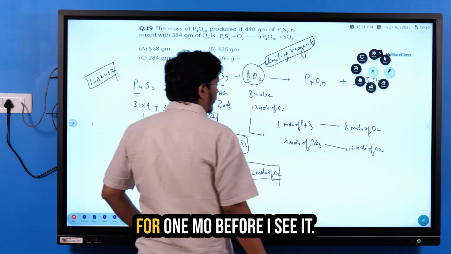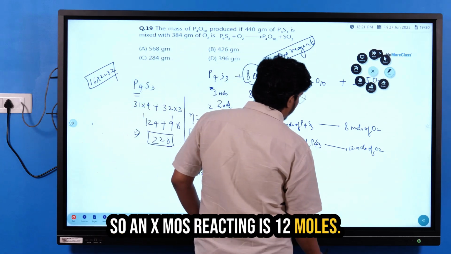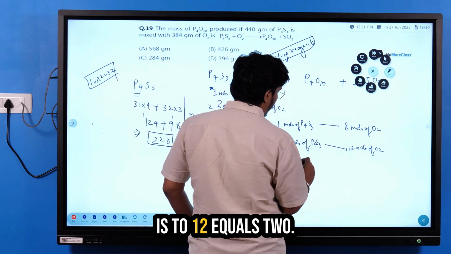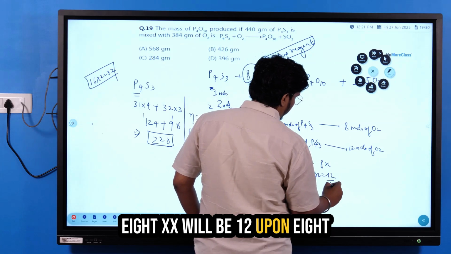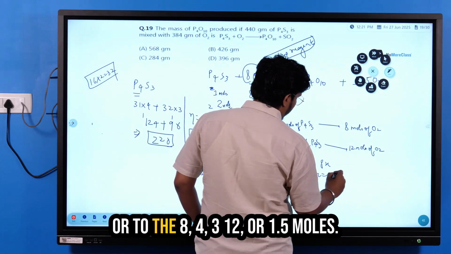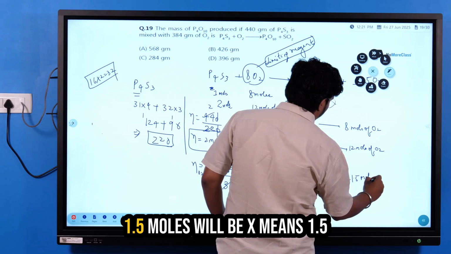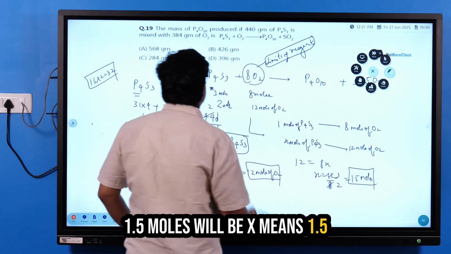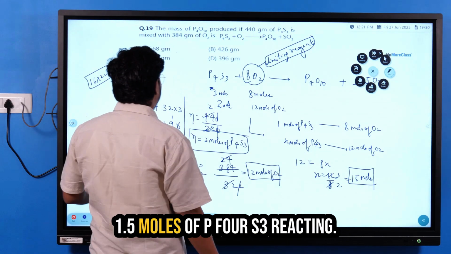If I cross multiply, 12 equals 8x. X will be 12 upon 8, 4 times 2 is 8, 4 times 3 is 12, or 1.5 moles. So 1.5 moles of P₄S₃ is reacting.